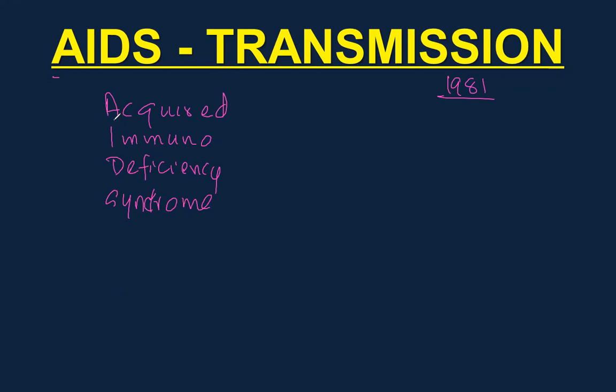They said that these patients have acquired deficiency, meaning lack of immunity. Okay. And syndrome means a group of symptoms. They were showing many symptoms, not just one symptom. In every person, the symptoms were different and many symptoms were appearing. Okay. And this was in fact the name given, a long name.